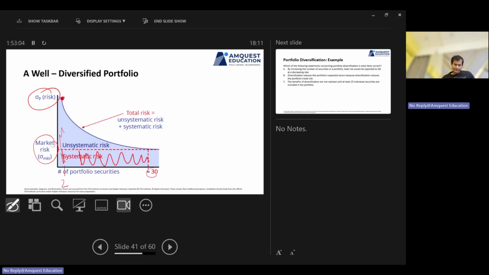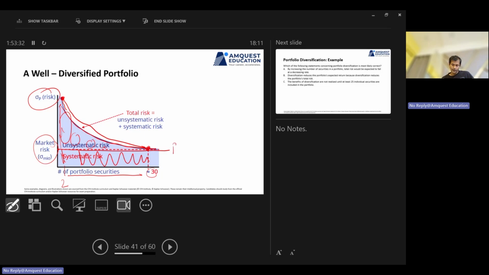The risk is very high. As you keep adding 3, 4, 5, 6, you add more and more stocks, your risk will come down. Why? Because your unsystematic risk, which is diversifiable, is being diversified, and eventually you will be left only with market risk. Samjha?